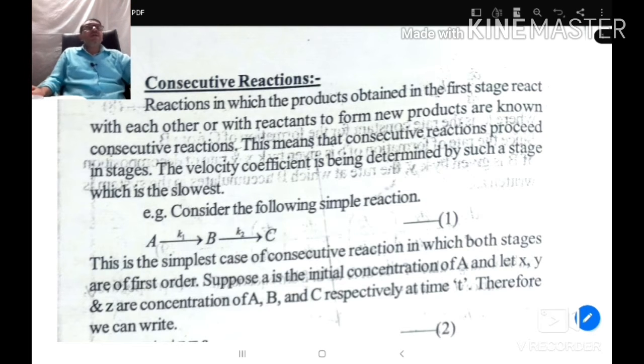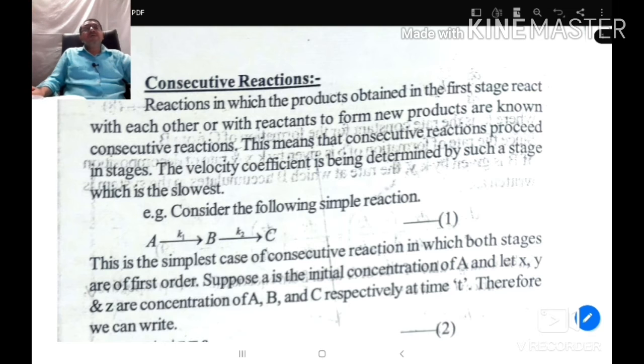This means that consecutive reactions proceed in stages. So the velocity coefficient is determined by the stage which is the slowest. Here the common terminology is used for the understanding part.